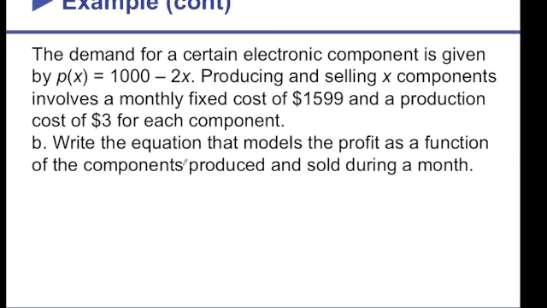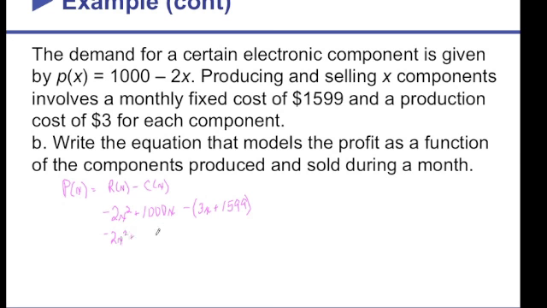Now, same problem. We want to write the equation that models the profit. Well, capital P for profit equals the revenue minus the cost. So our revenue from the last page was negative 2x squared plus 1000x, and then we want to subtract the costs that were 3x plus 1599. We'll remove parentheses and combine like terms.